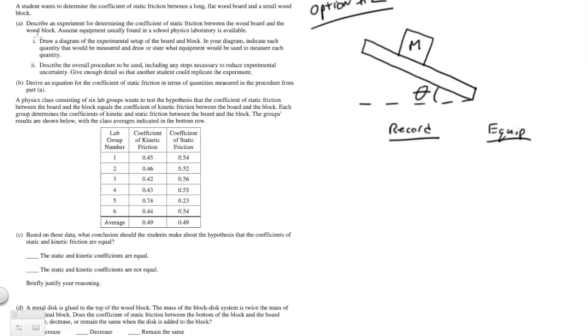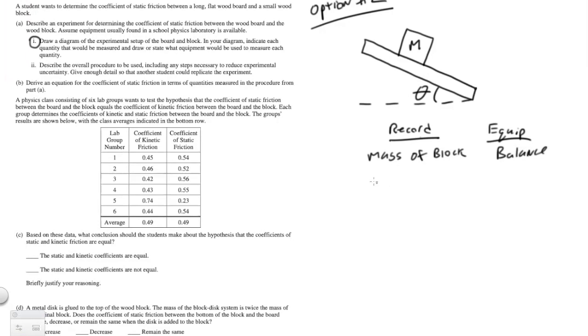We're answering this question right here. So we're going to record the mass of the block, which actually is going to cancel, but you would not be penalized for saying to record mass of block. I would put it down. It will cancel, mass of block, and we'll use the balance.